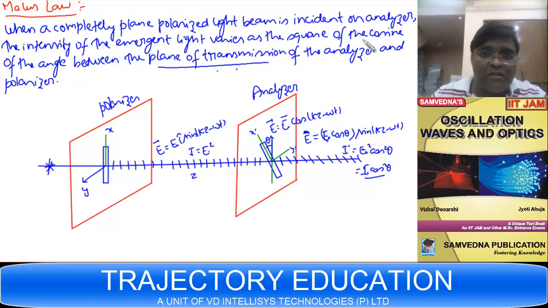That's Malus law. It says the intensity of emergent light varies as the square of the cosine of the angle between the planes of transmission of the analyzer and polarizer.